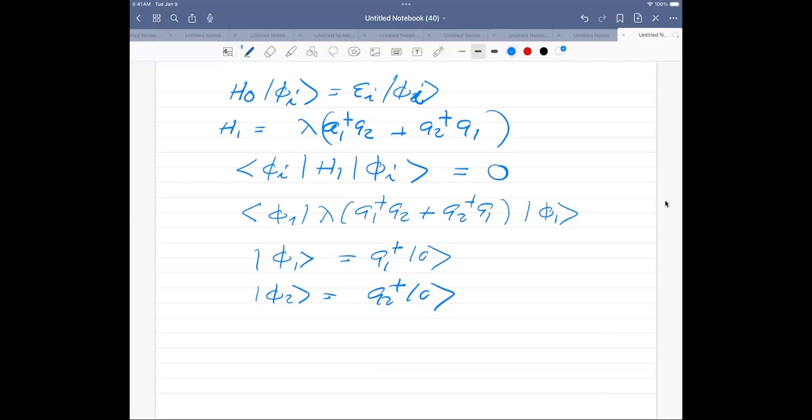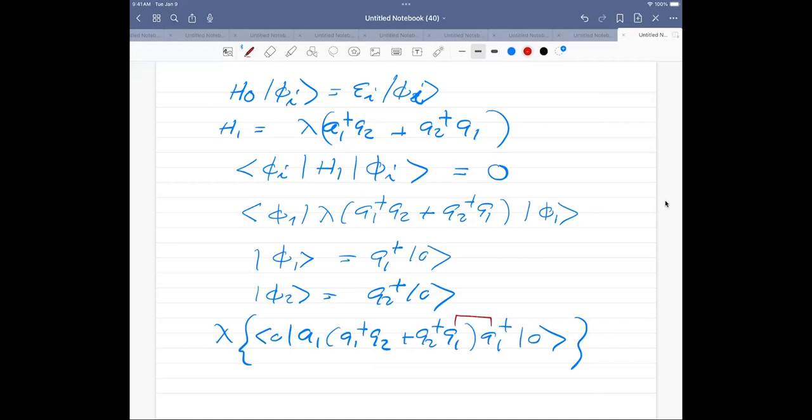So you can see that immediately now, because what I'm going to have is the vacuum, and then I have a1, and then I have a lambda, which I can pull out here, and then I have a1 dagger a2 plus a2 dagger a1, and this is with a1 dagger, and then the vacuum. And what you see now is that the first one, a1 with the a1 dagger here, this one is obviously non-zero.